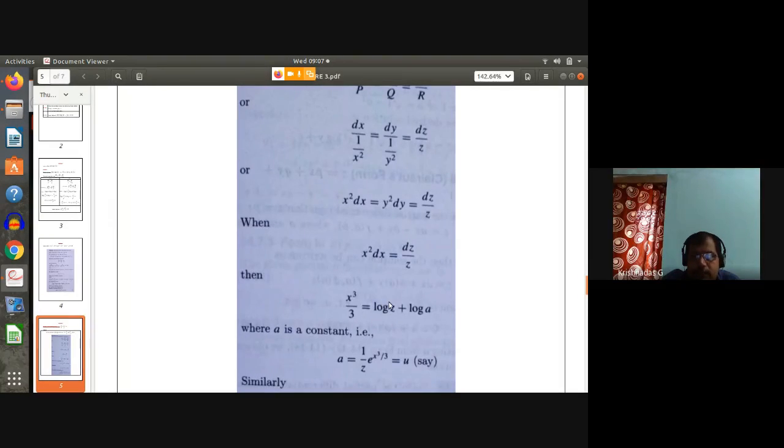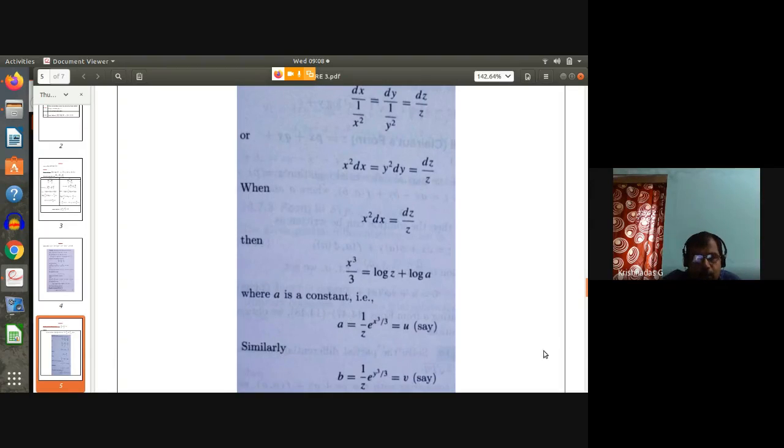So e raised to log z is z. Now that z is taken to the other side. That is, e raised to x cube by 3 by z is a constant. Understand? e raised to x cube by 3 divided by z is a constant. This is our c. So this is our u equal to a constant.